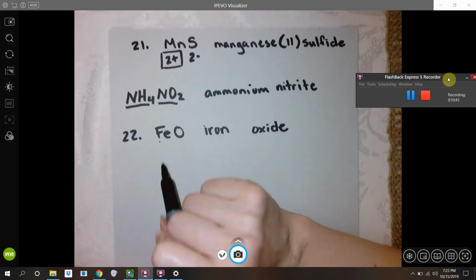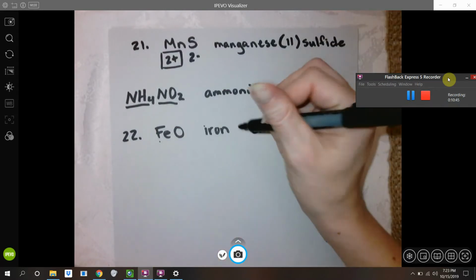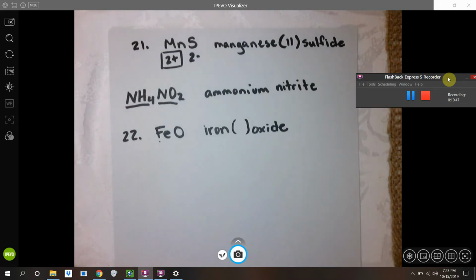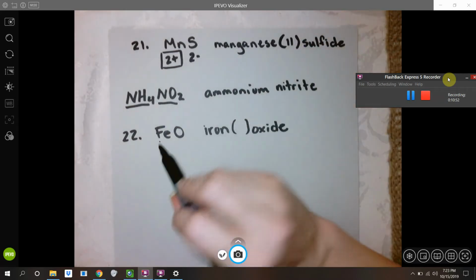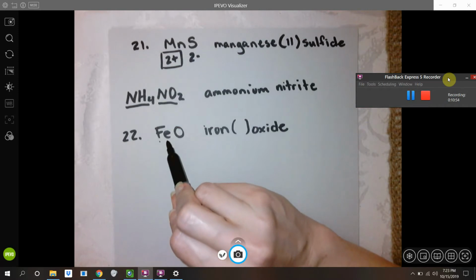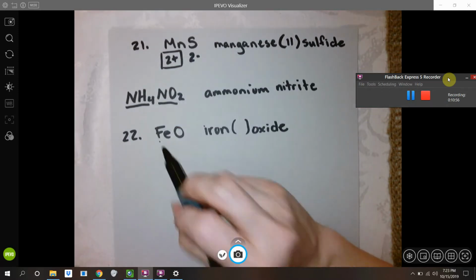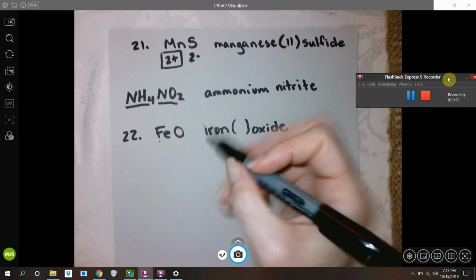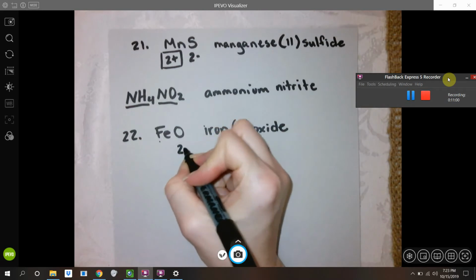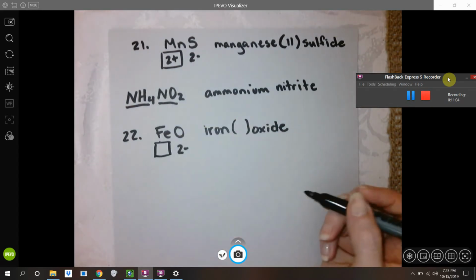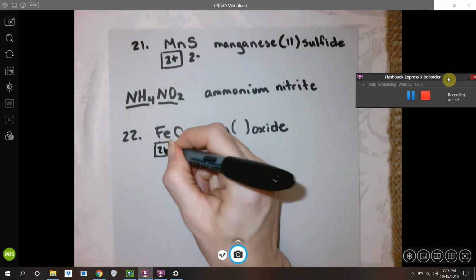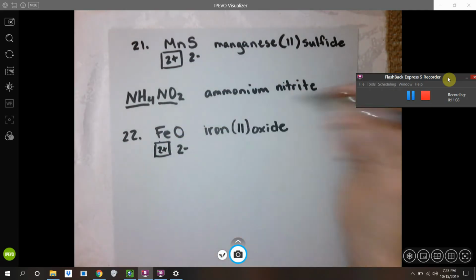We have to look at our metal and say, is it a transition metal? In this case, it is. So we will add our charge into the name. Again, that charge only belongs in the name. We don't have to write the charge in the formula because we can figure it out from looking at the formula. Here's how we do it. O is 2 minus. There's only 1 iron, and it has to balance out that 2 minus, so it's got to be 2 plus. So iron 2 oxide.